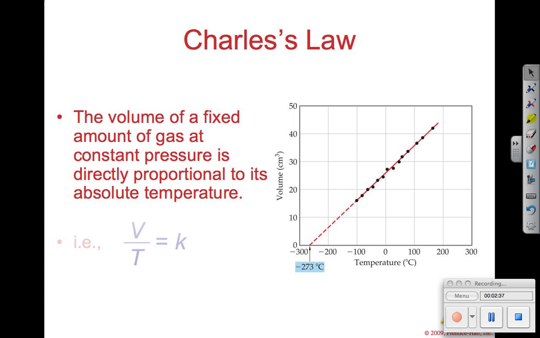So taking lots and lots of experiments, he saw that as the temperature went down, the volume kept getting smaller, but with his Celsius scale, it looked like he could keep getting colder.